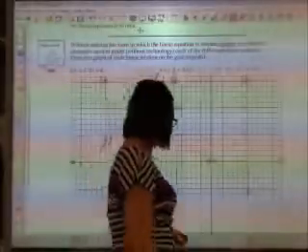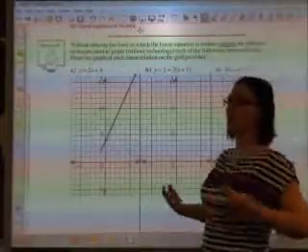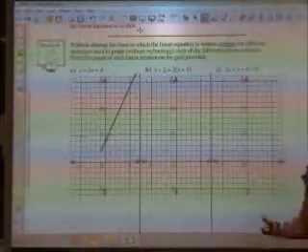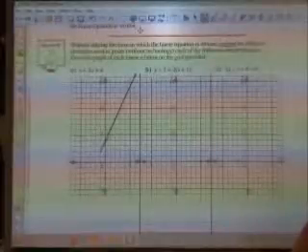Okay? So if I look at B, what equation format am I given for B? So slope point form. So when it comes to graphing a linear equation, it's a straight line, I need 2 points.